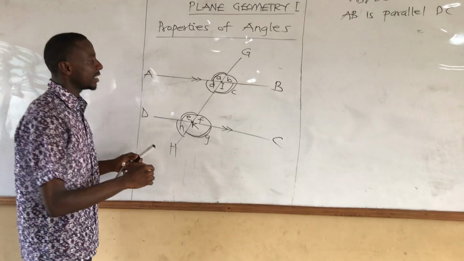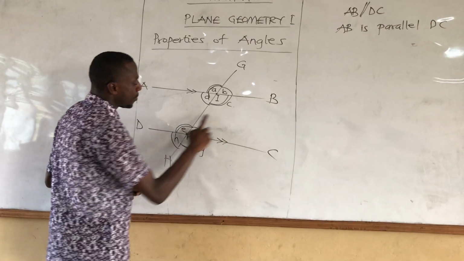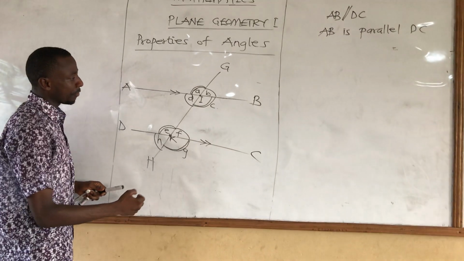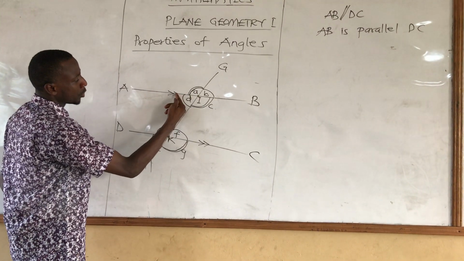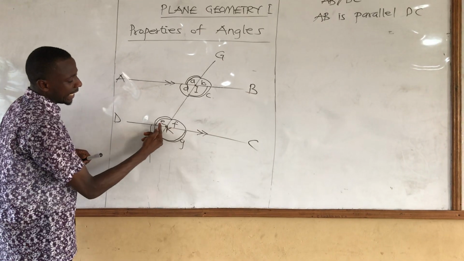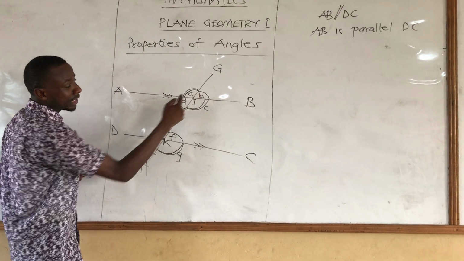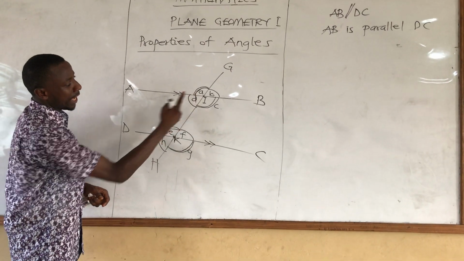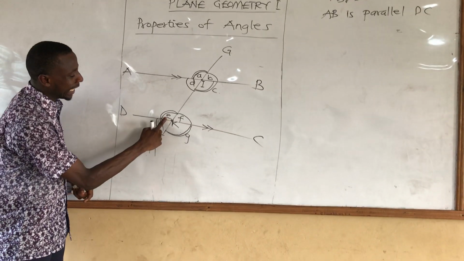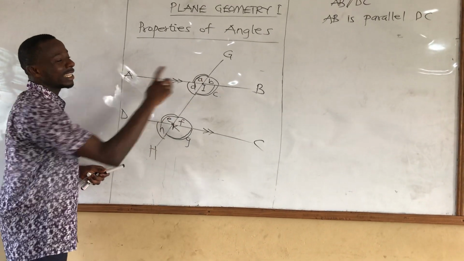In that case, the moment we have these two parallel lines, A is on top of this parallel line, E is also on top of this parallel line, and if you look at where A is positioned and where E is positioned, they are similar.